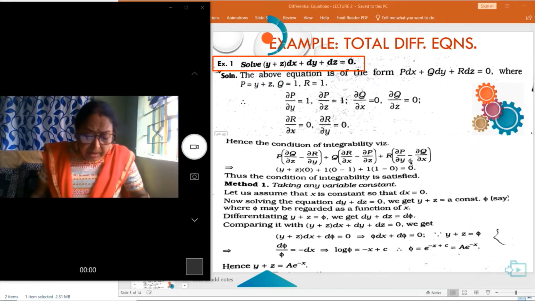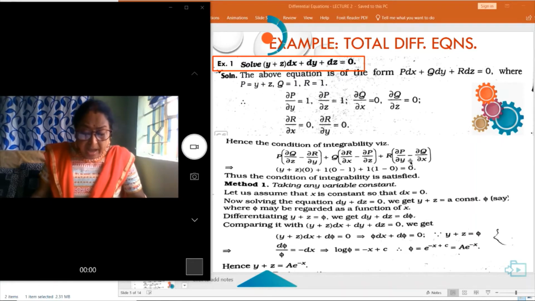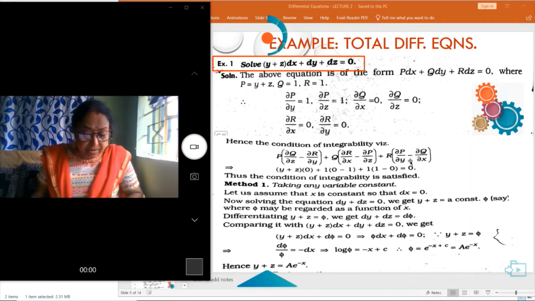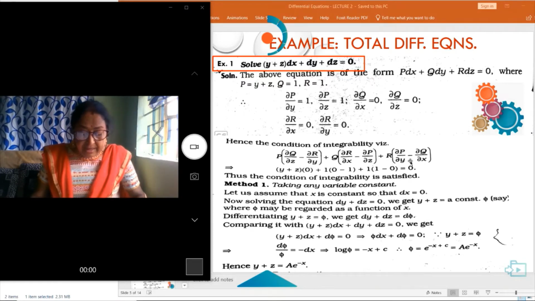Similarly, after Q comes R and then P, and the denominator for P is x, written below del R by del x and del P by del z and so on. After substituting these values, if this value comes to 0, then we can say that the condition of integrability is satisfied. If the condition of integrability is satisfied, then we proceed further.